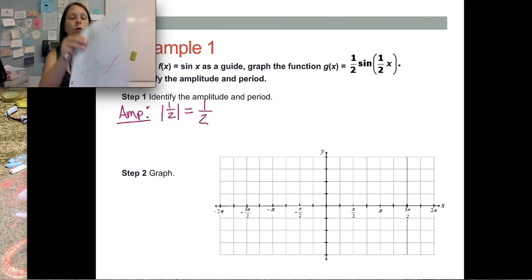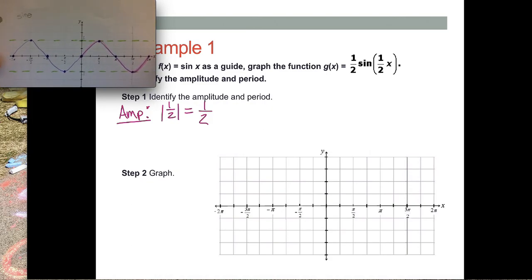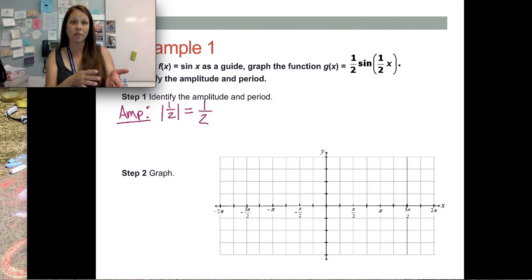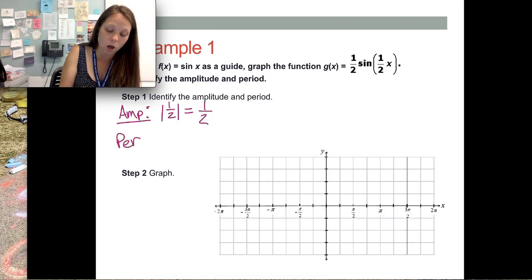And you'll notice if we're looking at the graph of the parent function sine, it normally goes from -1 to +1. So based upon this amplitude being 1/2, my new graph is going to go from -1/2 to +1/2.